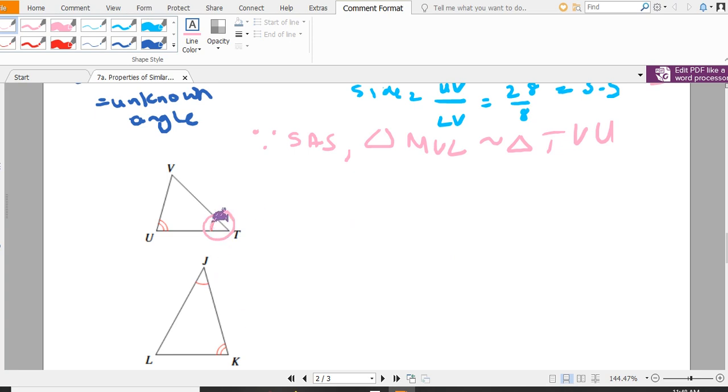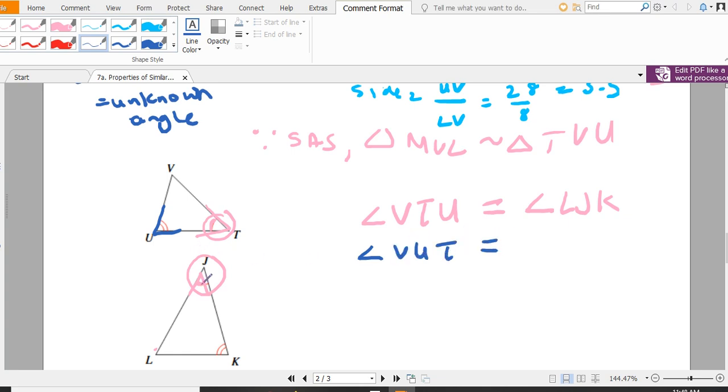you can tell that they're the same just by the way it's written. So angle VTU is the same as angle LJK, and angle VUT is the same as angle LKJ.